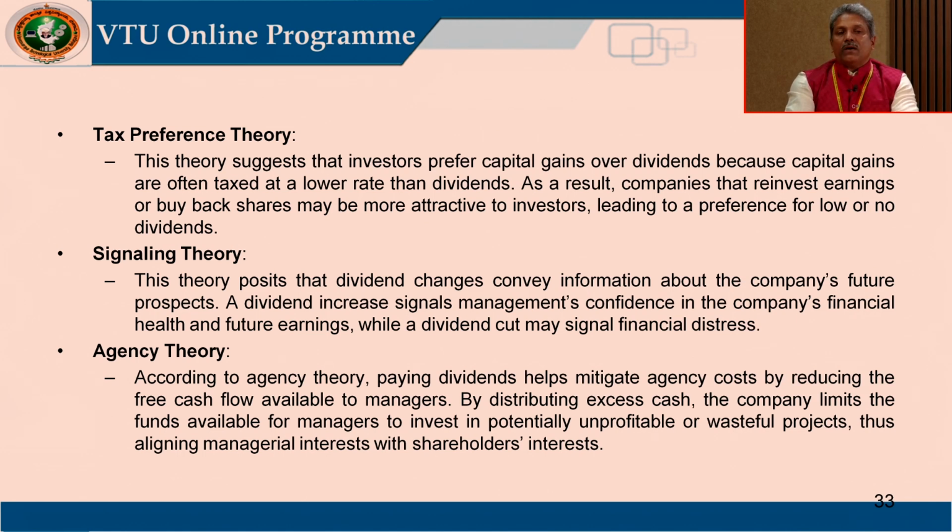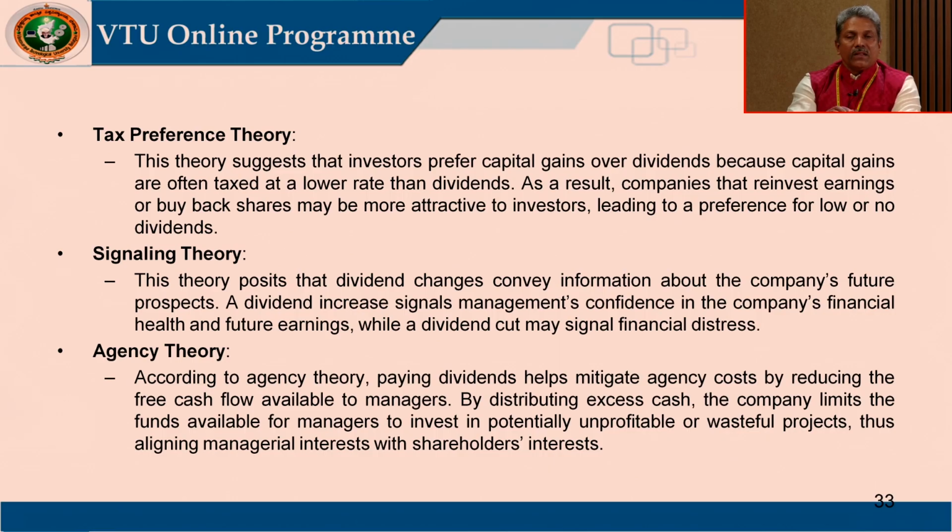They are forced to invest that money which is retained. Otherwise, simply keeping money in the business is dead money; it will not generate any income. So, if instead of paying dividend, a major portion of the profit is retained in the business, then the management will be forced to invest that money.